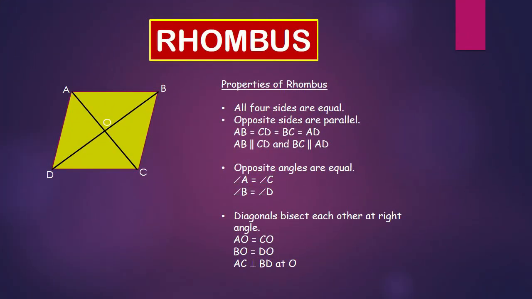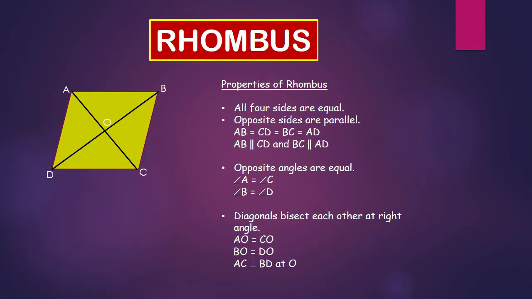Our next quadrilateral is rhombus. In rhombus, all four sides are equal and opposite sides are parallel. Here ABCD is a rhombus where AB is equal to BC equal to CD equal to AD and opposite sides are parallel. This means AB is parallel to CD and BC is parallel to AD. The diagonals of rhombus have a special property.